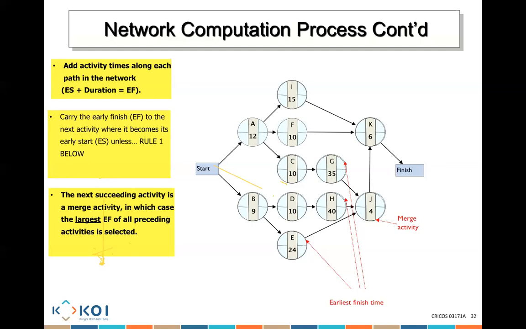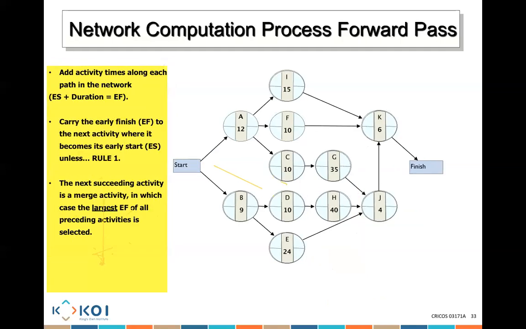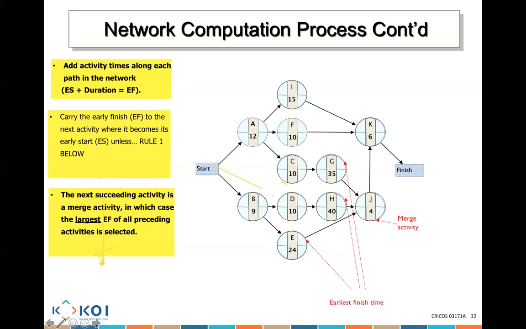Excuse me, sir, we're using the formula in G, H, and E, is it? G, H, and E are all merging into J. So J is the merge activity. To know what's the early start for J, you need to choose the largest early finish between all the activities merging.